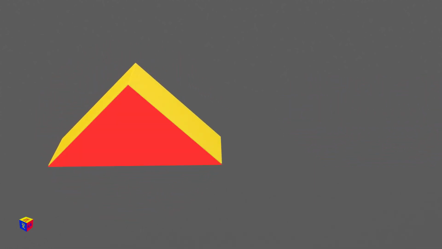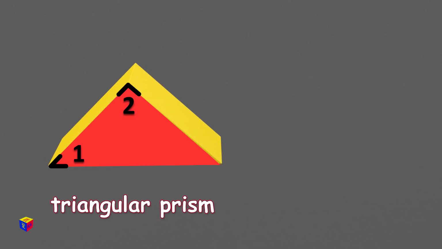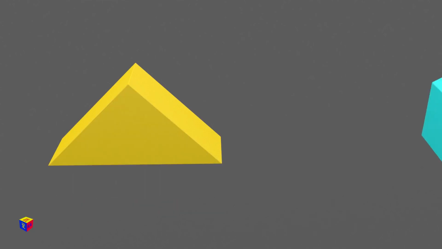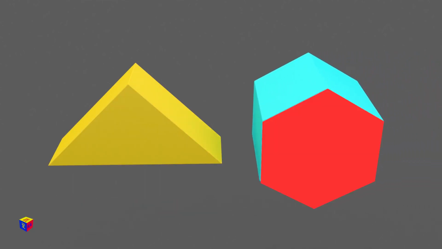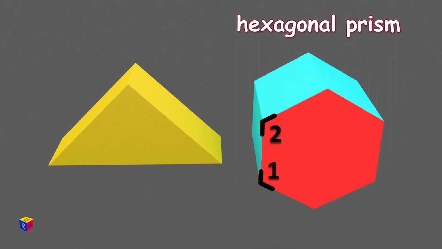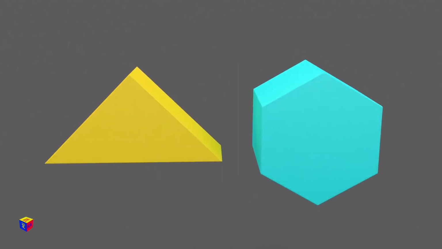If the base of a prism is a triangle, it is called a triangular prism. A prism with a hexagon at its base is called a hexagonal prism. And so on.